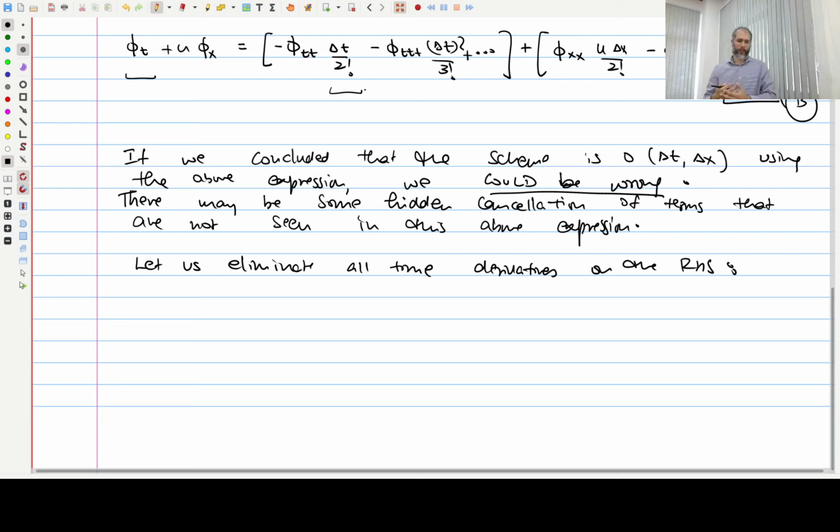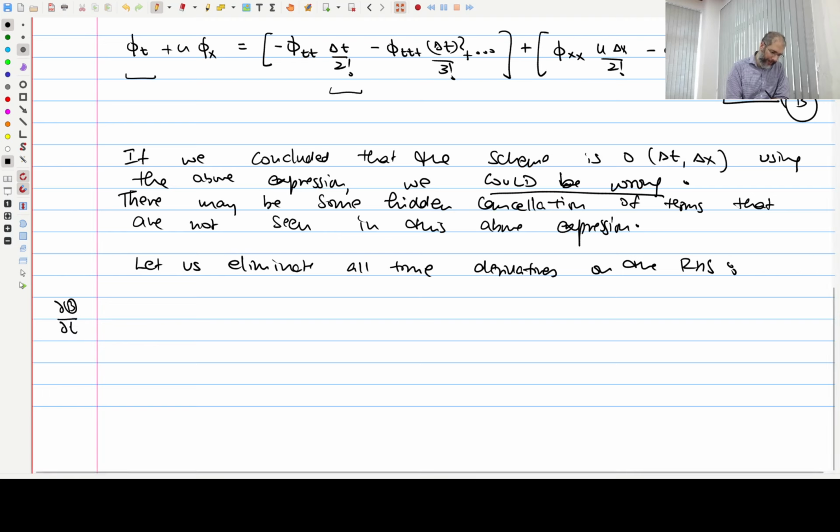Because this equation b is the actual equation solved by the computer, I can use this as many times as I want. The derivative of this equation will also be satisfied, so I can just take the derivative. So what I do is I write phi tt from b by taking del of this equation b by del t.